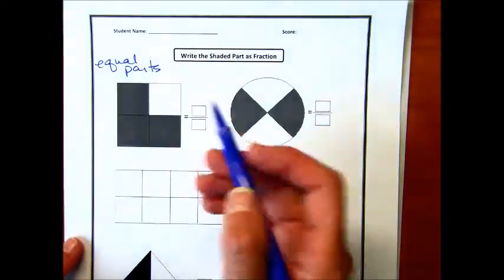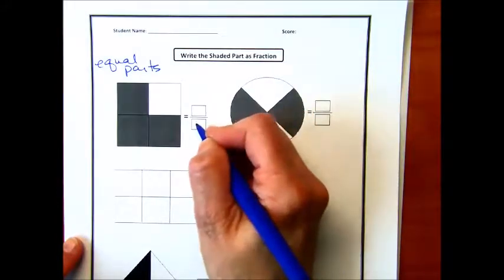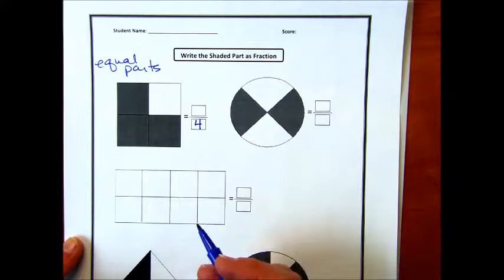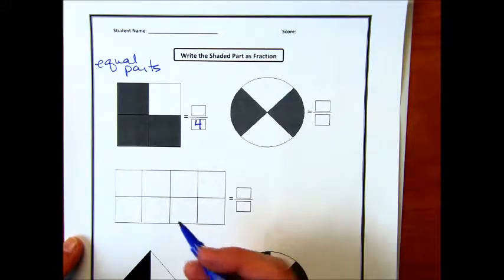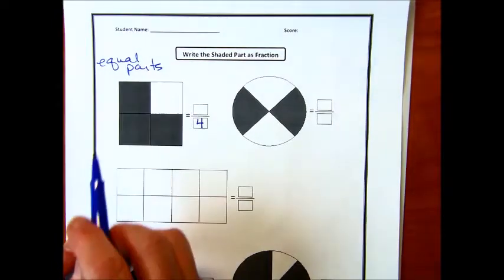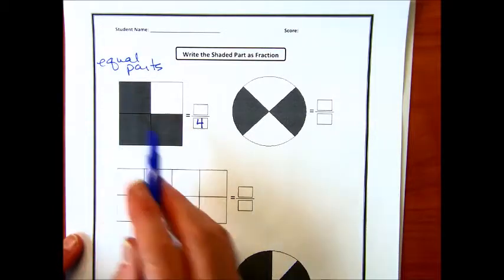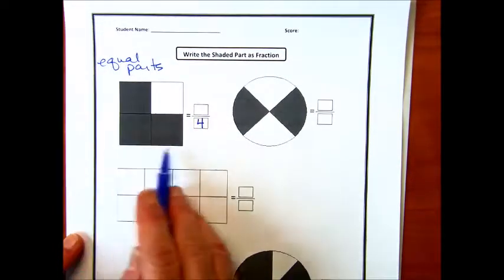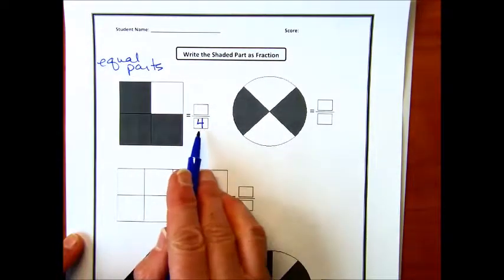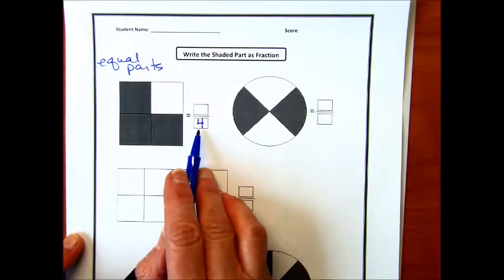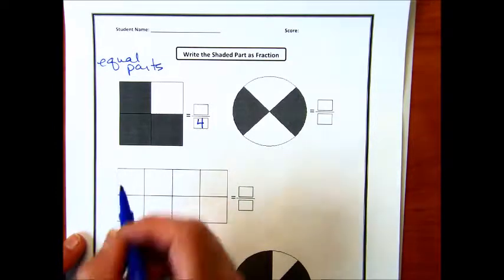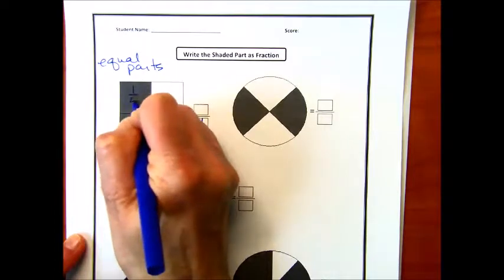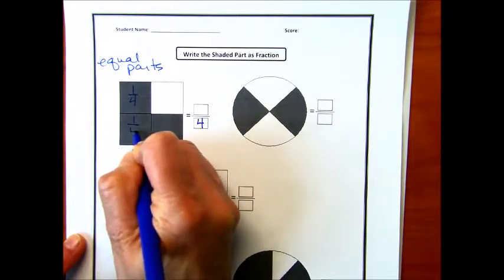Okay, so our bottom number is going to tell us how many equal parts make up a whole. Okay, it's also going to tell us that each unit is representative of a fraction of the whole. So if we need 4 equal parts to make a whole, each part is going to equal 1/4 of the whole.